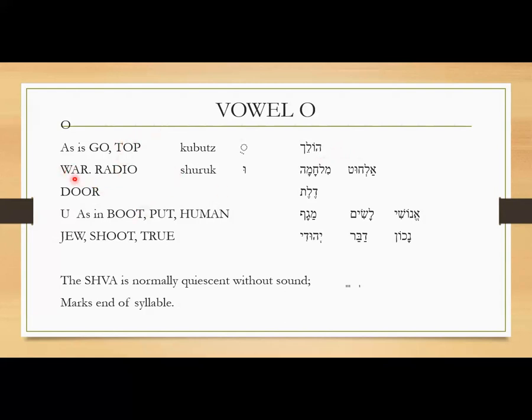War and radio. War, we use the shuruk, which is the vav with the dot in its tummy, which is the u. That's a vowel carrier. Milchama. Milchama is war.